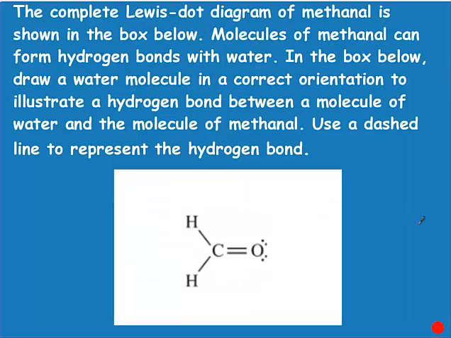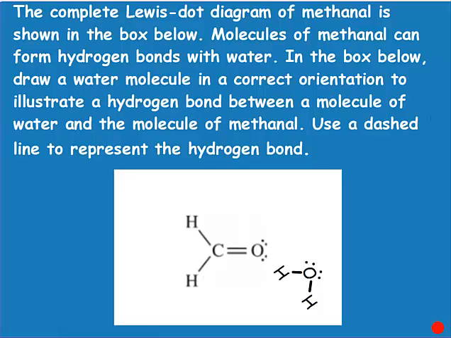Go ahead and pause the video and draw your water molecule in the correct orientation to illustrate a hydrogen bond between a molecule of water and the molecule of methanol. So first, your water molecule should be attracted to oxygen, so the hydrogen is attracted to the oxygen.